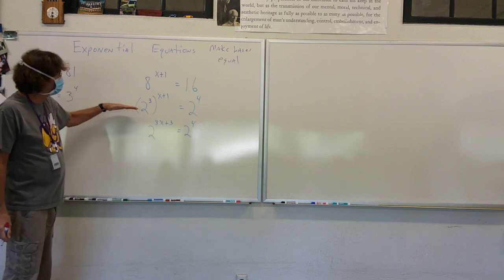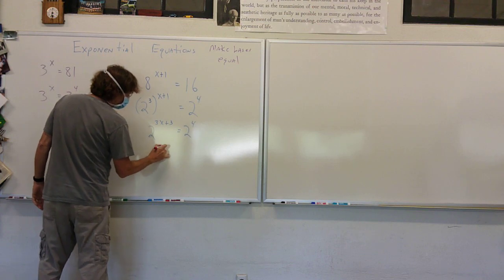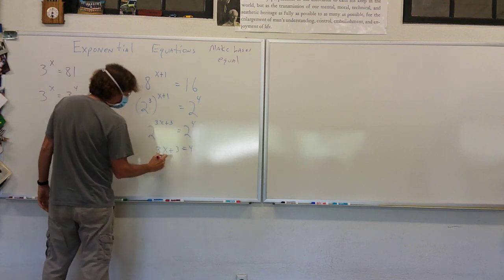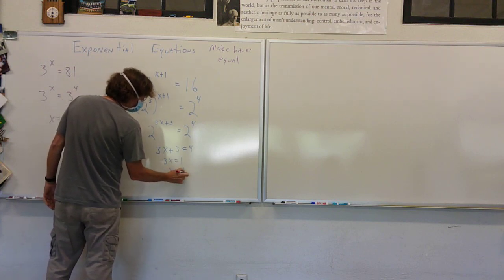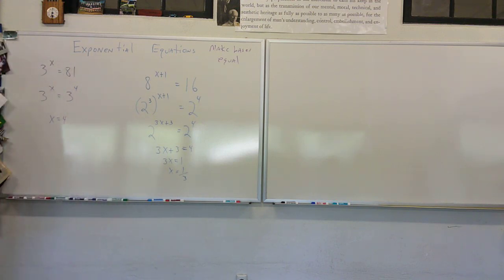I'm just putting that step in there to show that little bit of information. Then you simply set 3x plus 3 equals 4. You finish it off. 3x equals 1. x equals 1/3. Make the bases the same.